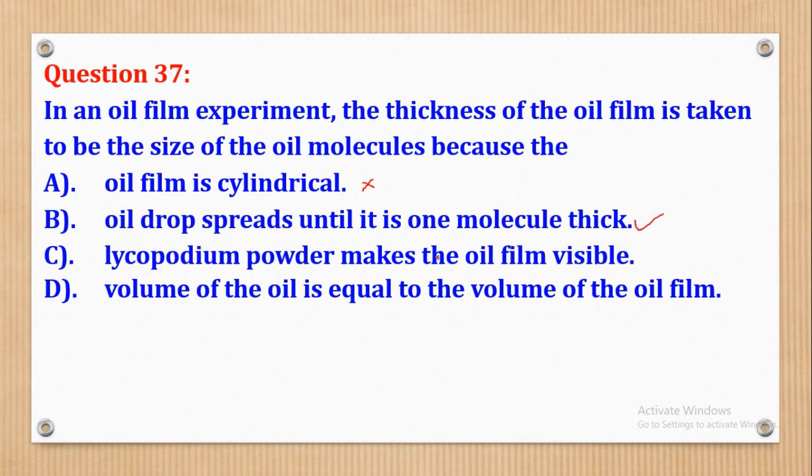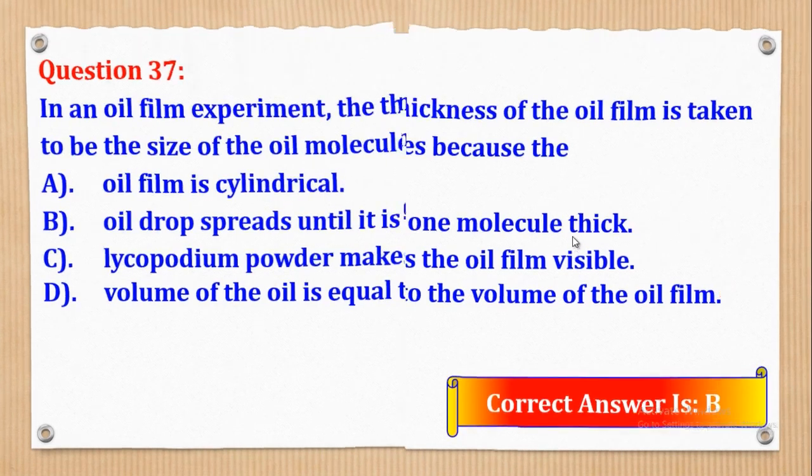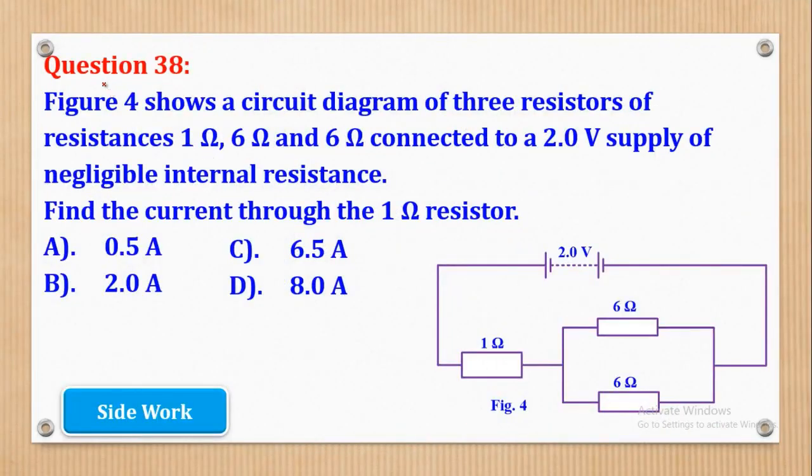Lycopodium powder makes the oil film visible. Not correct explanation. Volume of the oil is equal to volume of the oil film. So in this case, part B is the correct statement, so that our answer is B. So now we shall go to question 38.